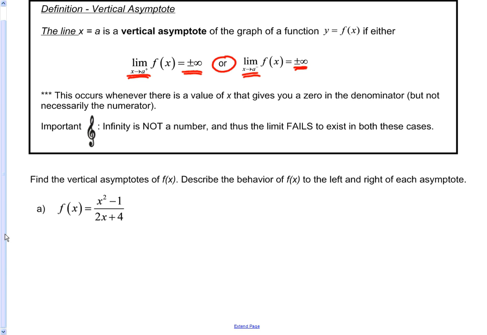So if we take the definition above, this is going to occur whenever the value of x creates a 0 denominator. So in this case, we'd be looking at 2x plus 4 equals 0. We're asking ourselves, when does the denominator equal 0? And we know that happens at x equals negative 2.